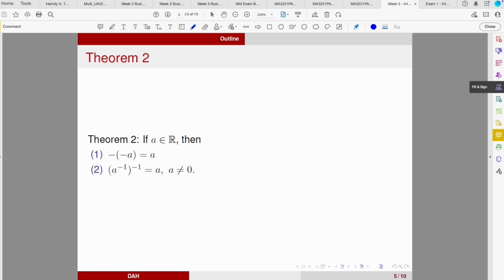So A can be negative, can be positive, any real number. If A is negative, then it's still negative. Let's say A is minus 5. Minus of minus 5 is minus 5.